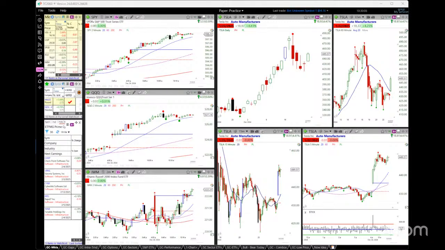IONQ up alarm. We got a put spread. We can move the stuff now.